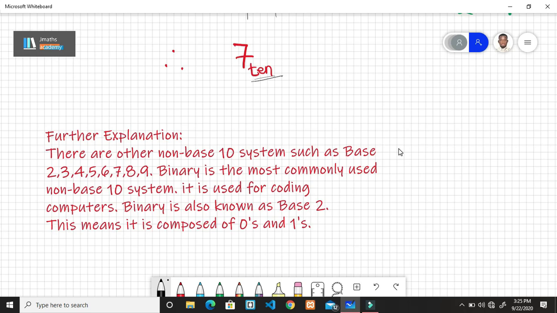So the first commonly used base system is the decimal system, which is base 10, and the second commonly known base system is base 2. So put that in mind that we are going to be encountering both base 10 and base 2 as the commonly known base systems. Meanwhile, you can also see systems like base 3, 4, 5, 6, 7, and 8. In some cases, you can be asked to convert those base systems into other forms.